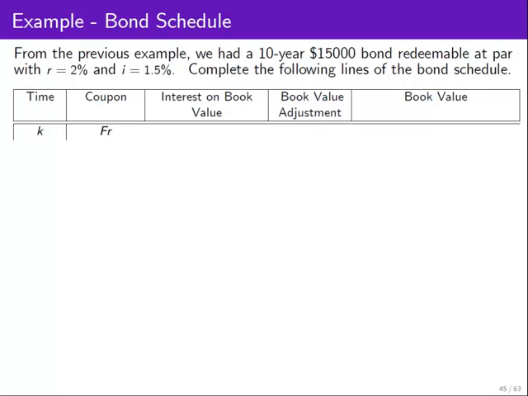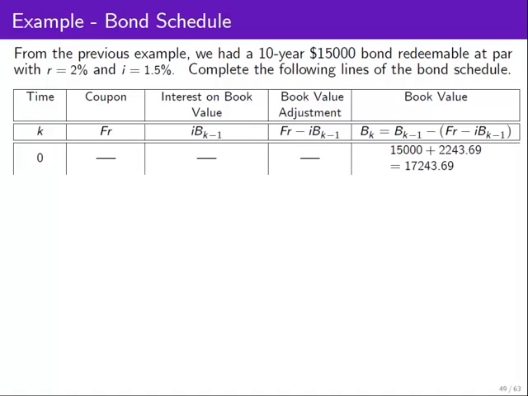The period, K, the coupon payments, which are F times R, the interest on the book value, which is the yield rate, I, times B_(K-1), where B_(K-1) is the previous book value on the bond. The book value adjustment, which is the difference between the coupon payment and the interest on the book value, and then the book value itself, which is the previous book value of the bond minus the book value adjustment.